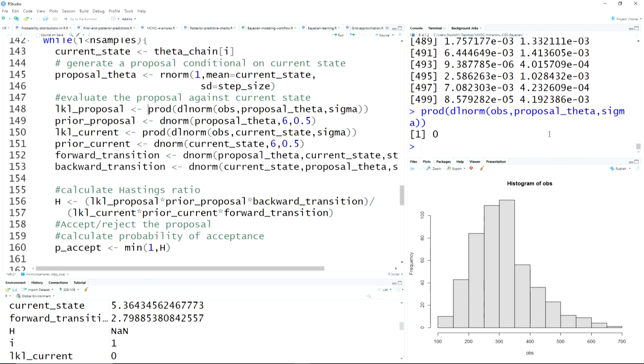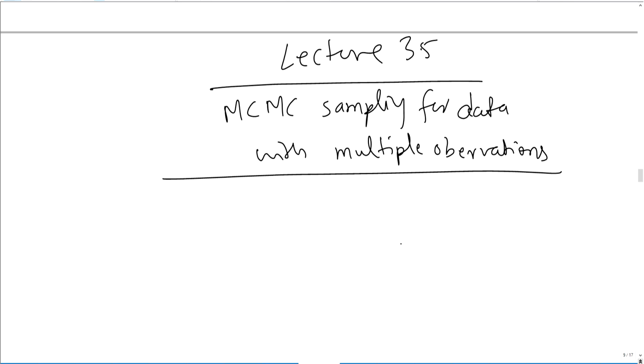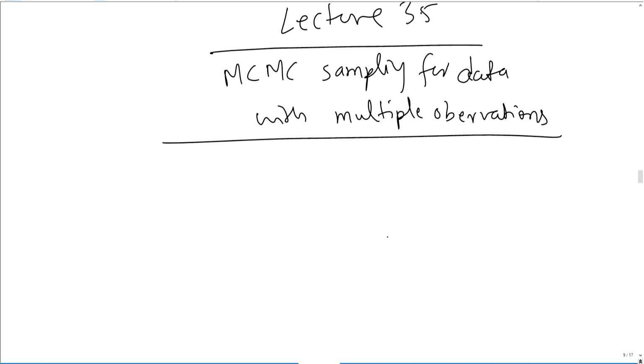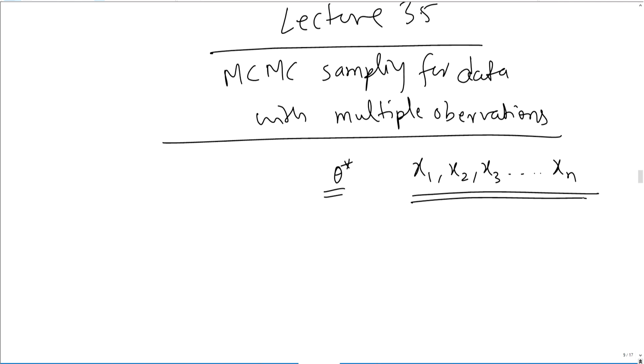Okay, so how do we solve this problem? Let us see what we are trying to do when we are calculating the joint likelihood. Let's say you have some proposal theta star, or any current state theta i, and your data points x1, x2, x3 up to xn. So these are data points and this is, let's say, a proposal.